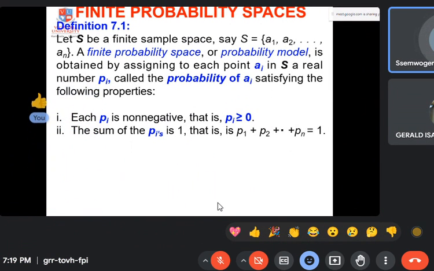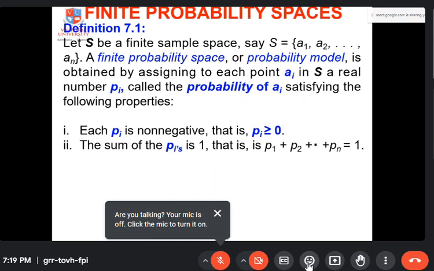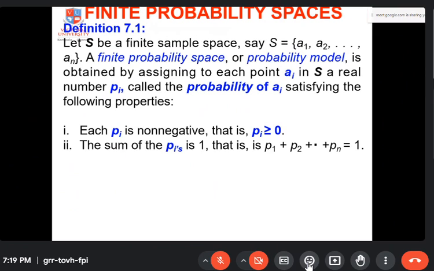Okay, let us now talk about what we call a finite probability space. We have already said that if we have a sample space, the sample space has got points which we can call point A1, A2, A3, up to whatever number it might be. You remember we said that is a sample space.